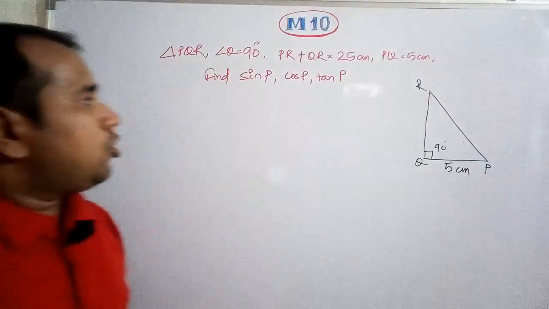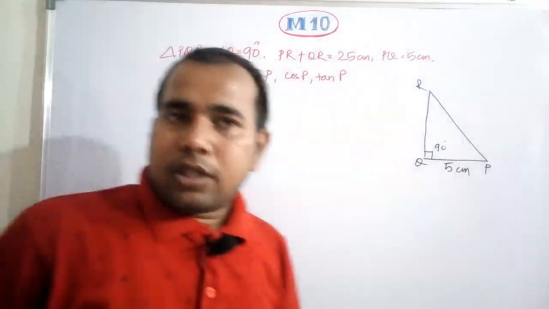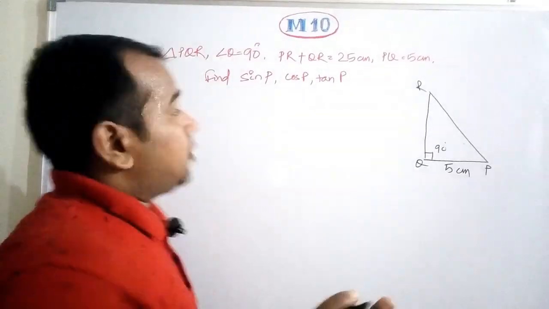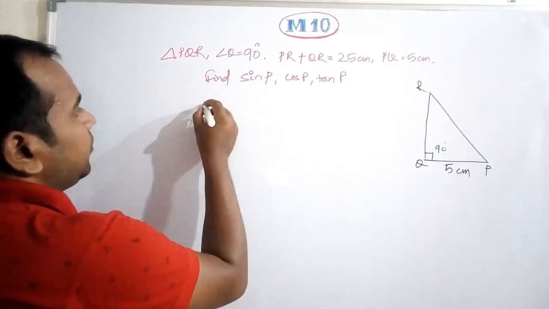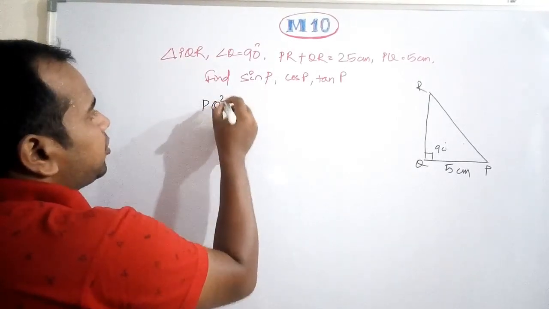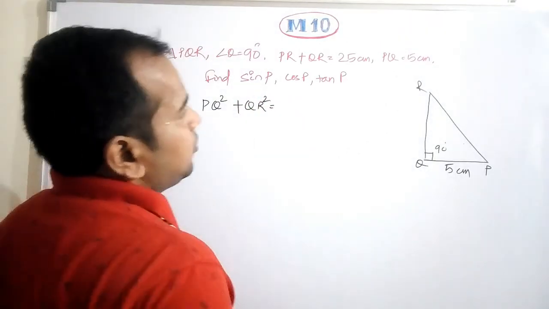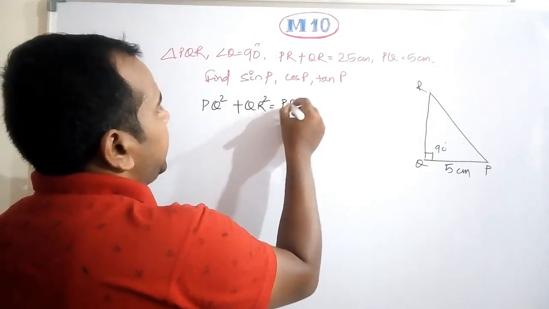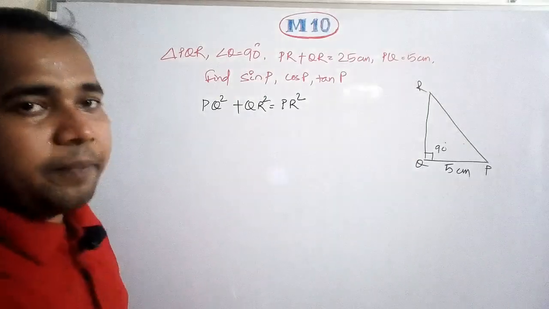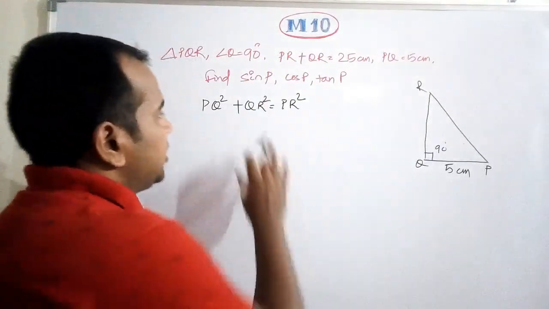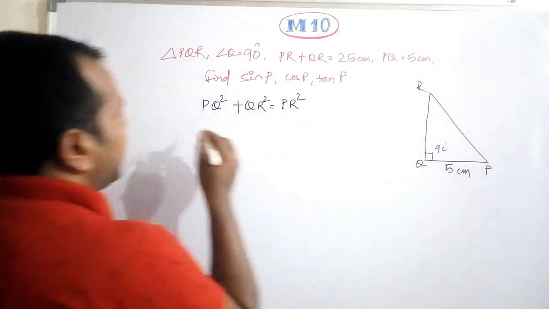So let us utilize Pythagoras theorem here. For this triangle, what will be the Pythagoras theorem? PQ square plus QR square equals PR square. Now there is the relation of PR and QR here, so let us take QR square to the right hand side.